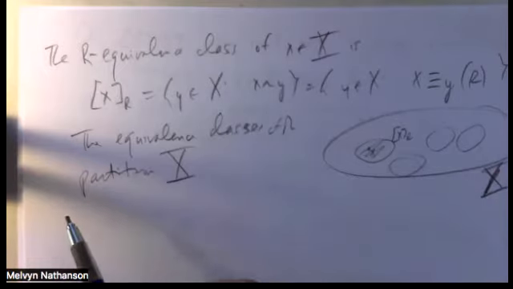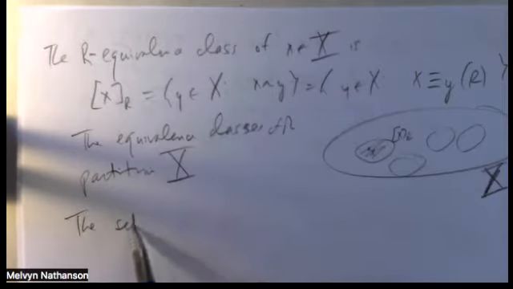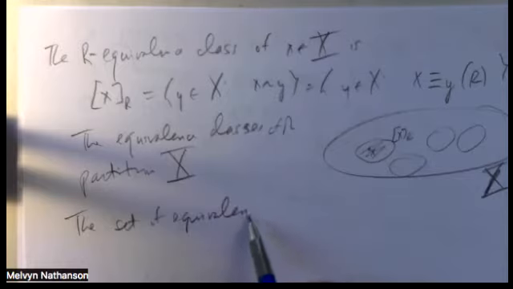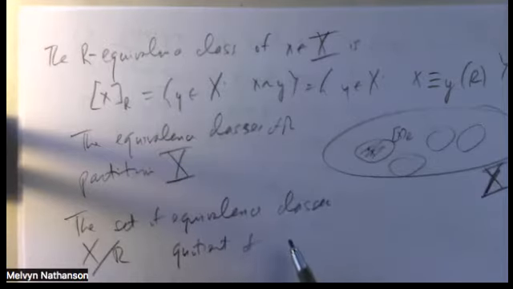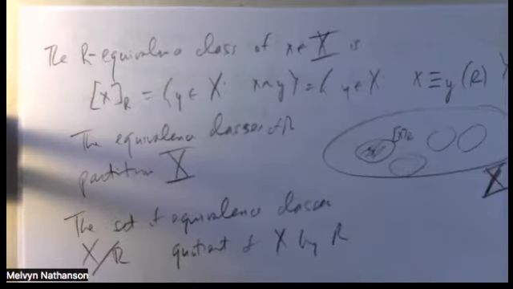So you can look at the set of equivalence classes, which is denoted X/R, and it's sometimes called the quotient of X by the relation R. This is the set of the equivalence classes.